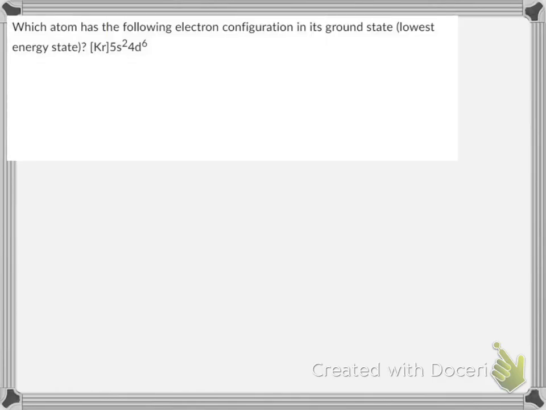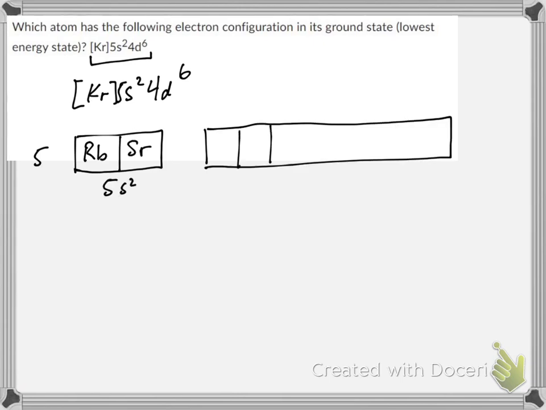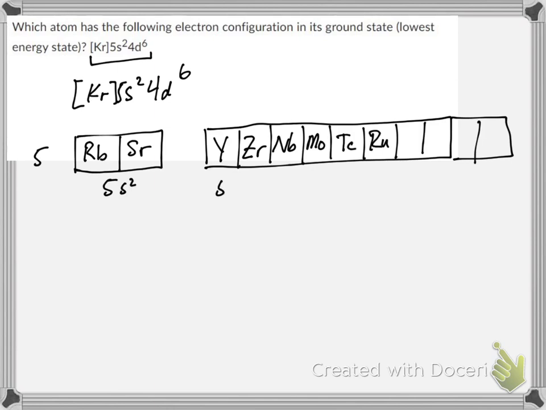All right, we did that one. Okay, so what element has the ground state electronic configuration of 5s2, 4d6? When we look at the periodic table, we go to row 5, we see rubidium and strontium at 5s2, and then we look in the d's, there's 10 of them: yttrium, zirconium, niobium, molybdenum, technetium, ruthenium.